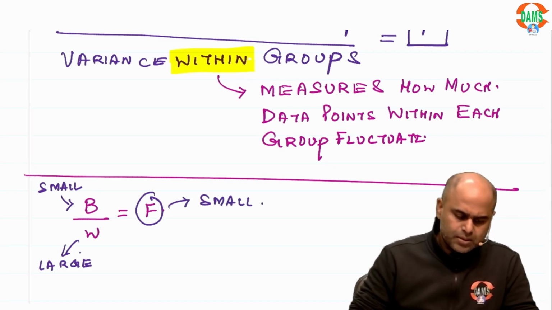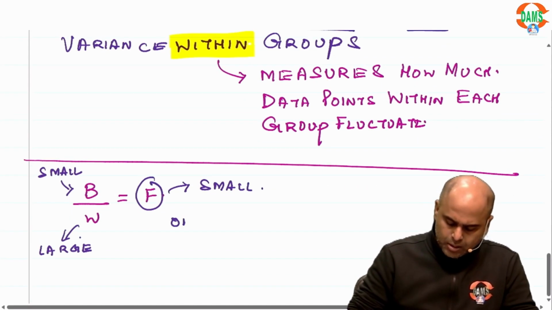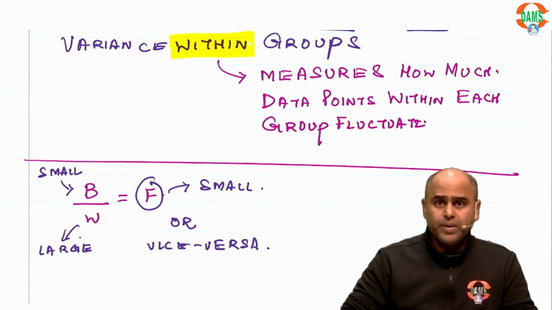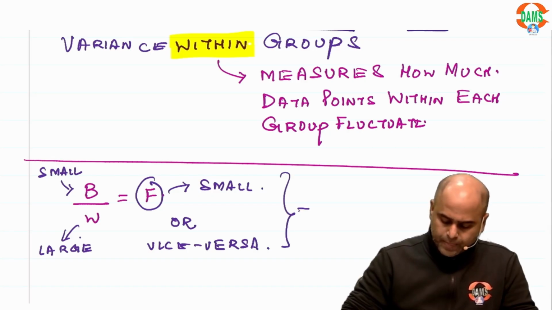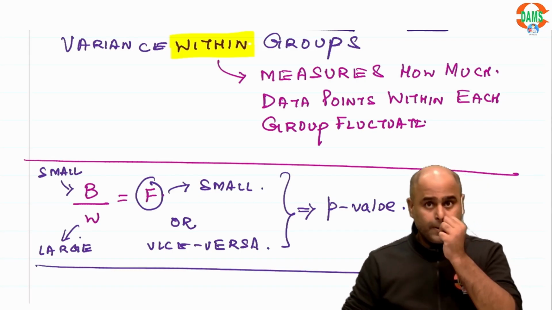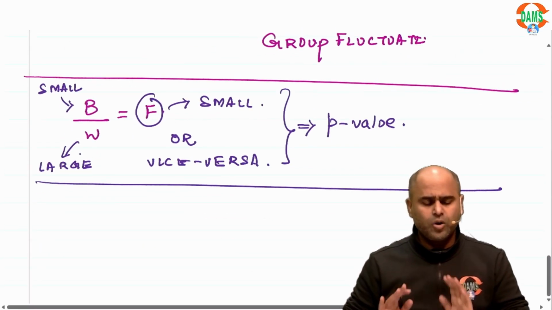Simple basic maths. Or vice versa can also be observed. From this we get a p-value and we calculate whether it is significant or not.